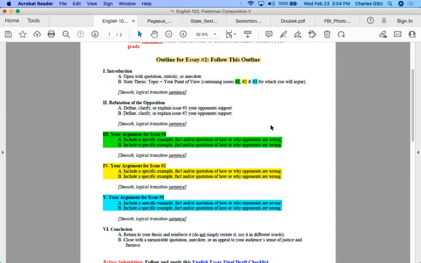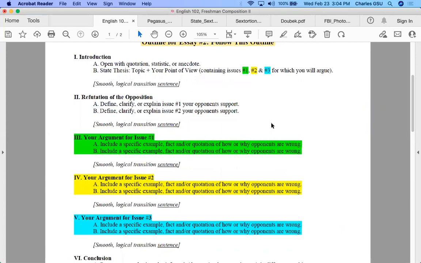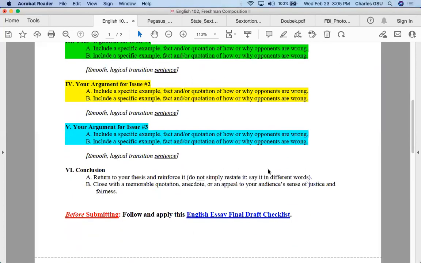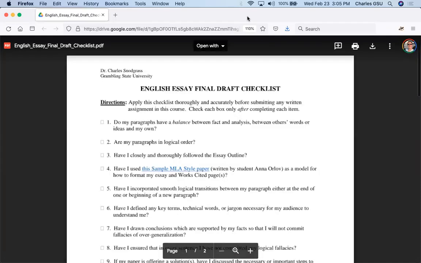Speaking of which, minimum double-spaced pages, I'm just going to remind you, it says here very clearly, before submitting, follow and apply this checklist. If you click this link, it will take you to a document inside of our Google Drive.